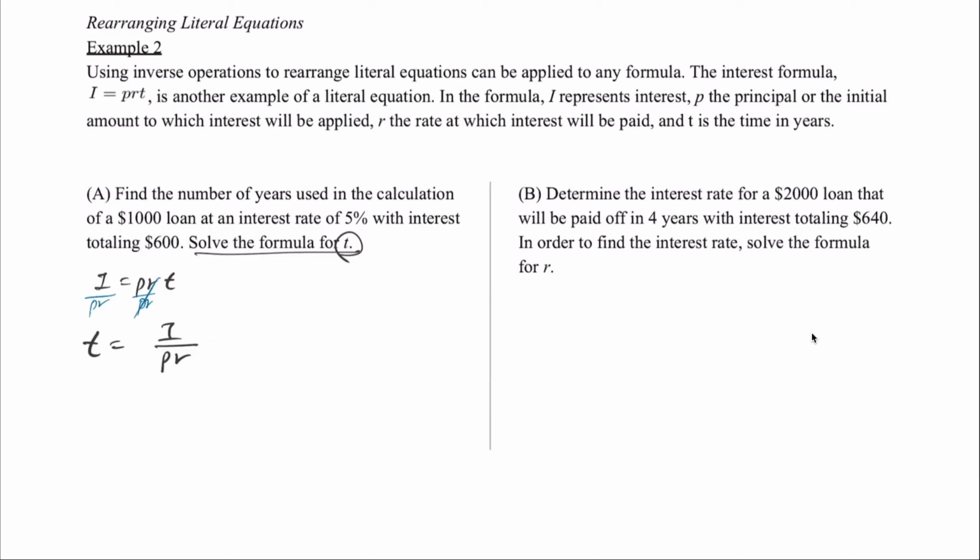If that's the case, what is my capital I? That's the interest that you earn, which is $600. And the P is $1,000. And the rate is 5%. So you don't write down 5%. You have to convert that to a decimal. And that is 5 out of 100, which is 5 cents, right?